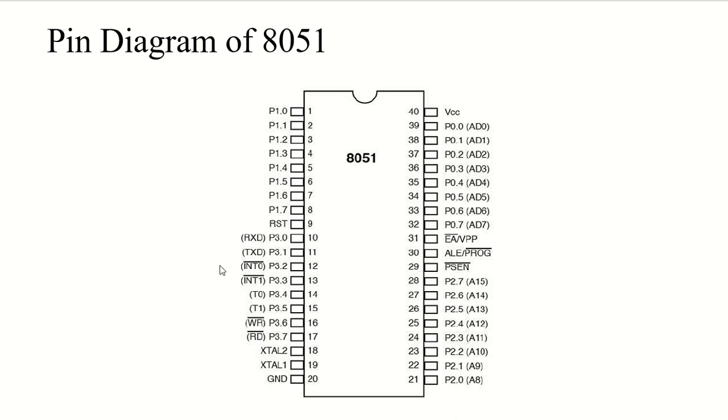Then we have the TxD signal. Then we have interrupt 0 and interrupt 1. These interrupts are arranged priority wise, so interrupt 0 holds less priority compared to interrupt 1.